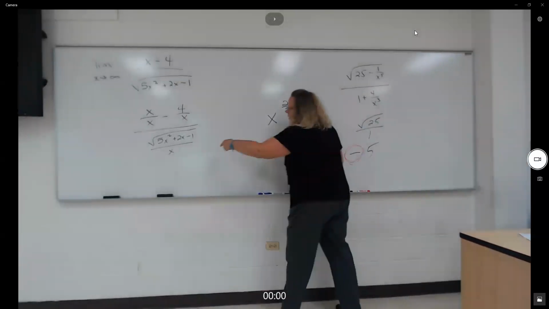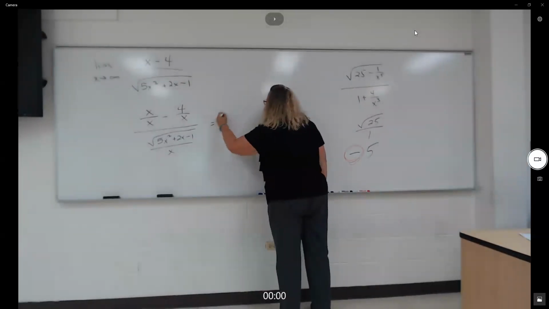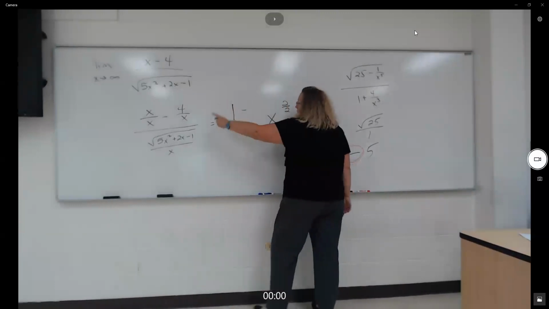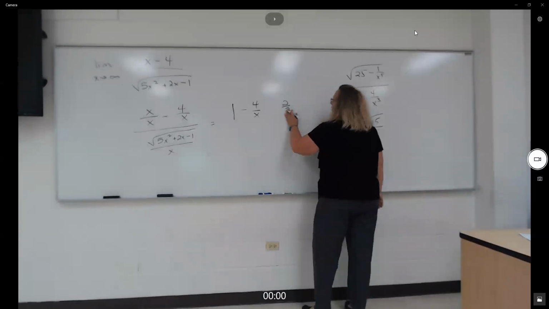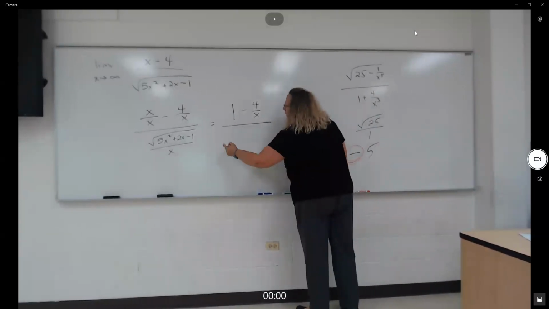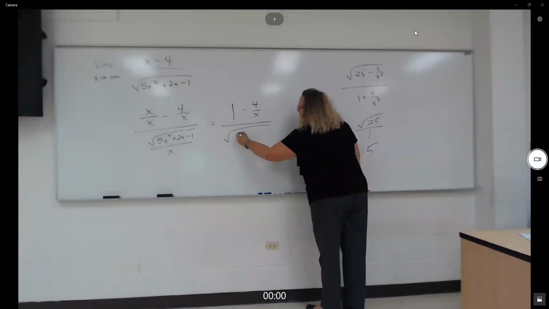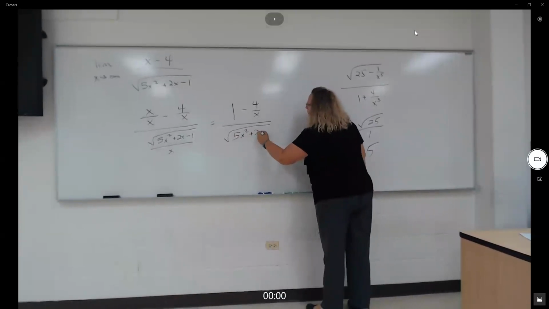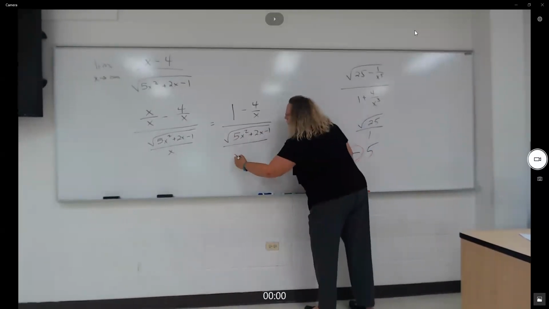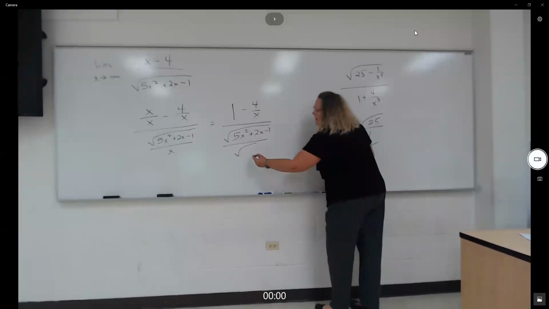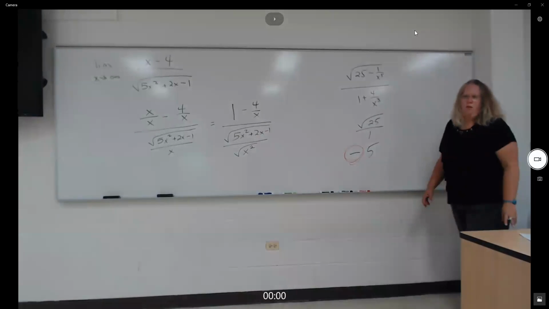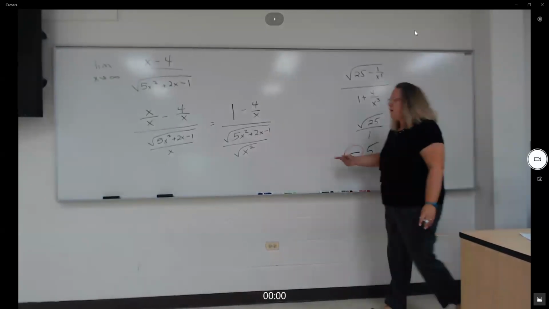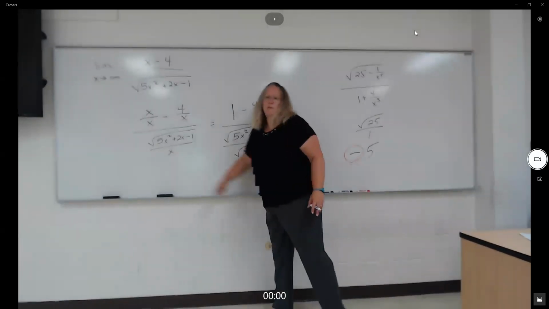So I'm going to change this guy. This will go to 1. This will go to 1. 4 over x. And then the bottom will change. The denominator will change to the square root of x squared. What's the square root of x squared? x.